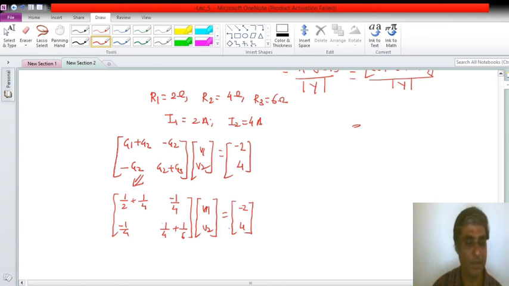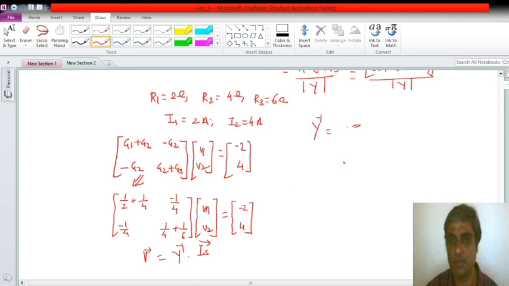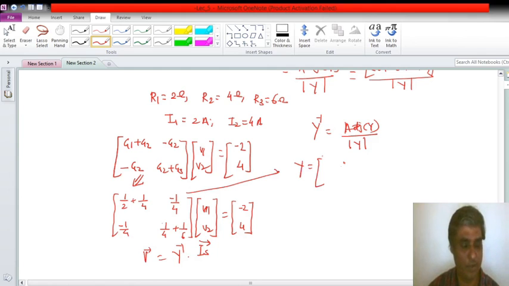Now what next? I have to calculate the V, which will be Y inverse into the IS vector. For that, let me calculate the admittance inverse, which will be adjoint of Y divided by determinant of Y. First let me calculate the resultant. After simplification, 1 by 2 plus 1 by 4 will be 3 by 4, this is minus 1 by 4, this is minus 1 by 4, and this is 10 by 24.